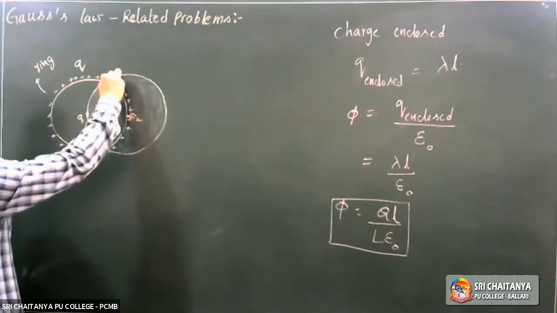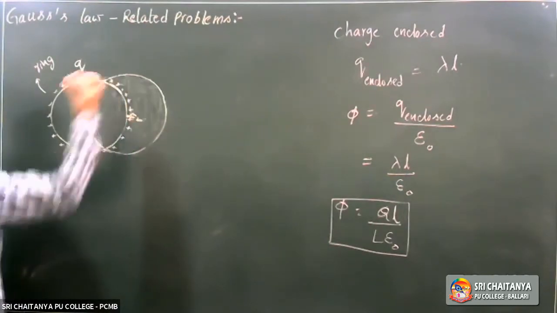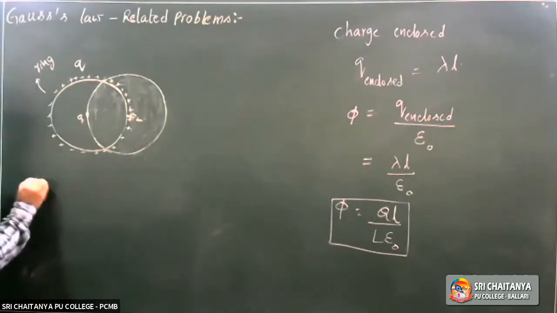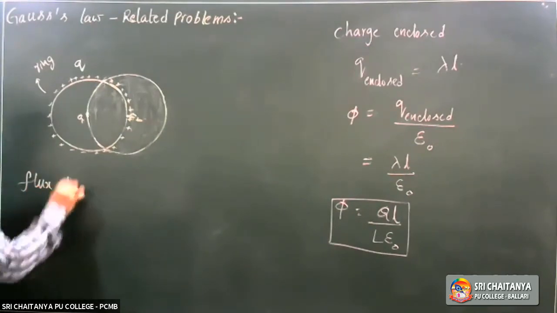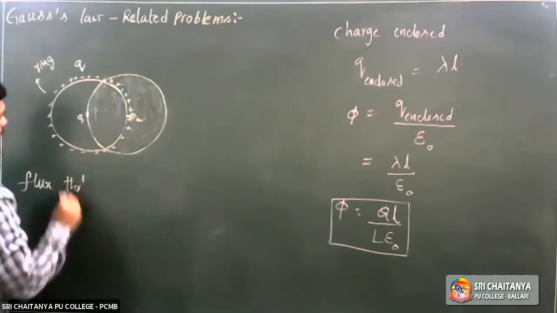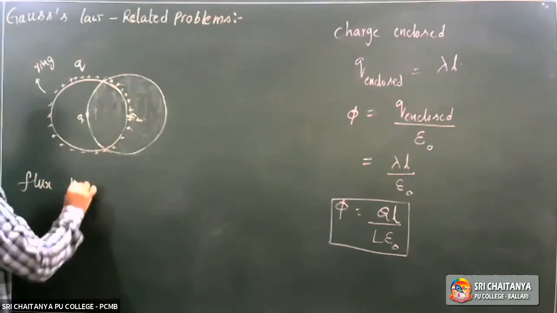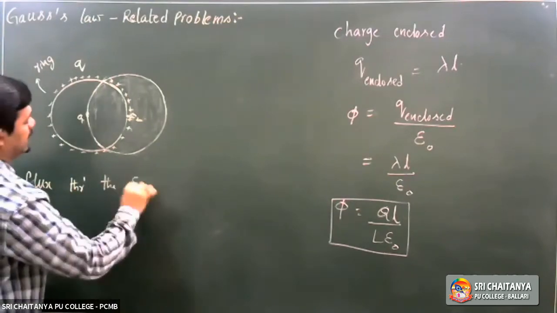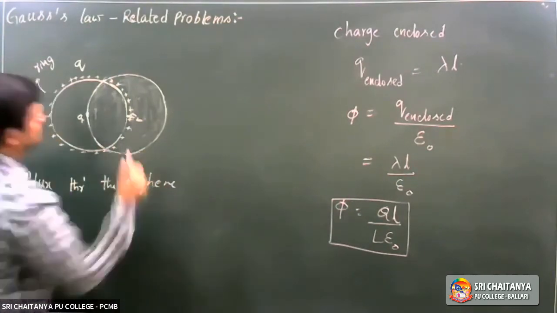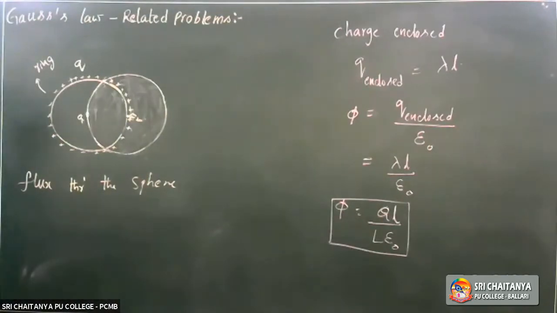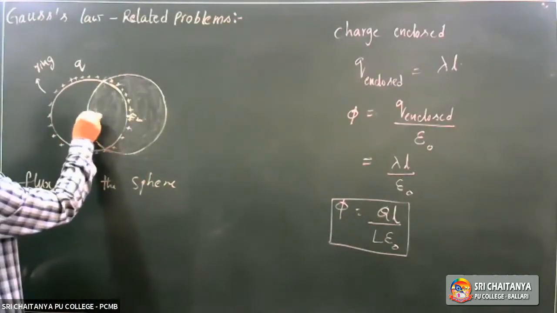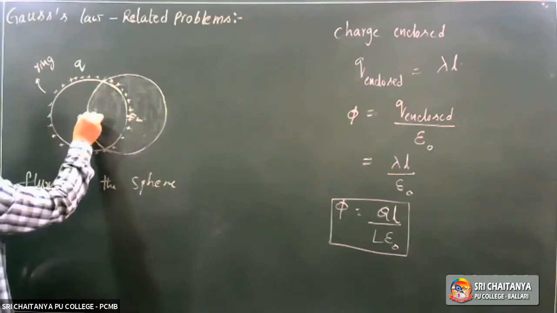Then what is the flux through this sphere? See, both are having the same radii.